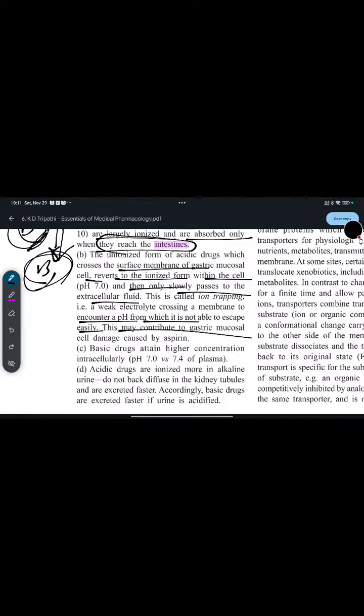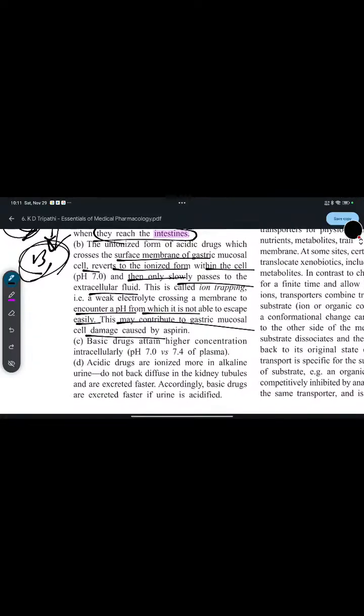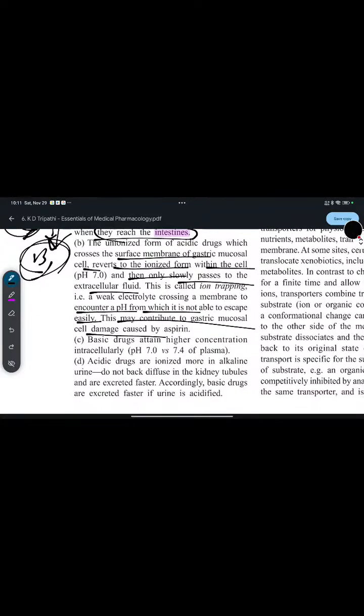This may contribute to the gastric mucosal cell damage caused by aspirin. So what is the side effect of aspirin? A side effect of aspirin is mucosal cell damage. Ultimately, it will lead to gastric ulcer.